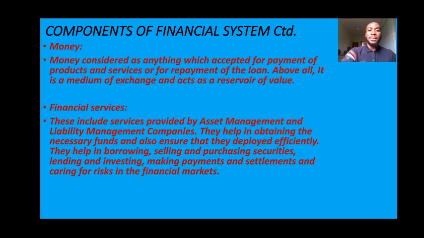To settle debt or to set up a business. So money here is also a component of the financial system. So it's part of the components. We have 5 of them. So it serves as a repayment of loan, or as a payment of debt, or as a medium of exchange. The last component here talks about financial services.